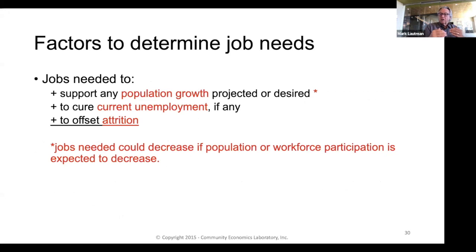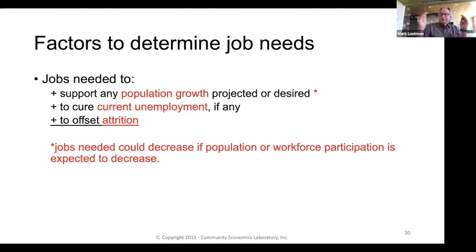So you'll notice the questions start with how many people are living here now, how many are you going to have living here in 10 years, and then we start from there. And if a group can't agree on how many people are living in the community right now and how many you want to have at the end of the planning period, you're not going to agree on any of the rest of this stuff, and you might as well quit. So this is where you start. That's why we start here.